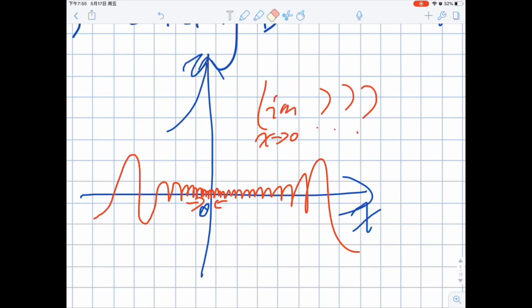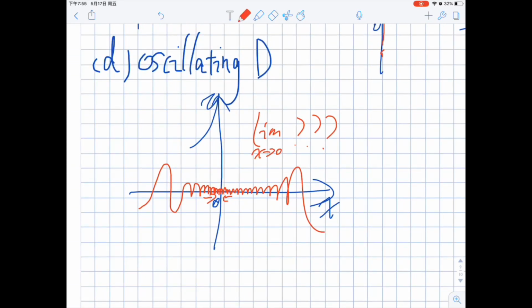We can never tell what value the points approach because they are going up and down really frequently, so we cannot tell the limit at x equals 0. This case is called oscillating discontinuity.